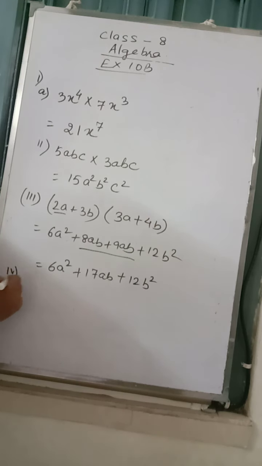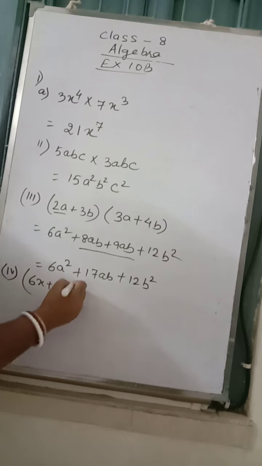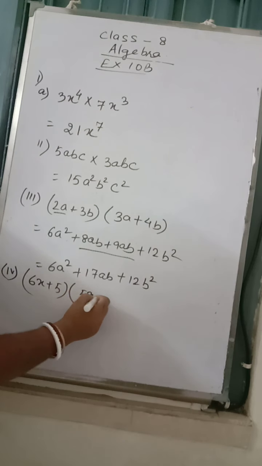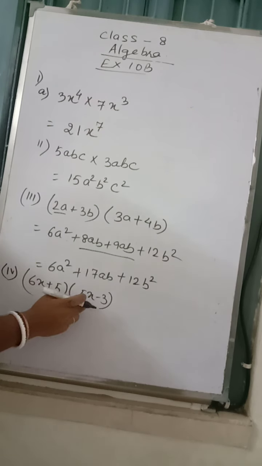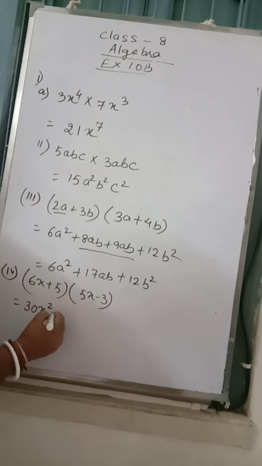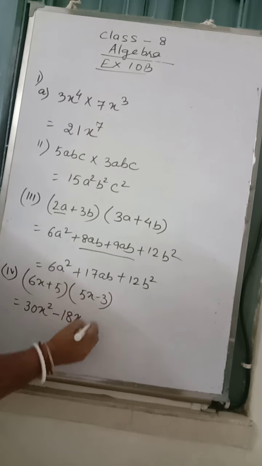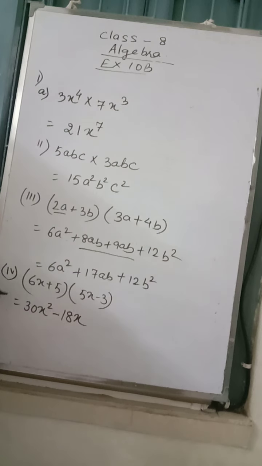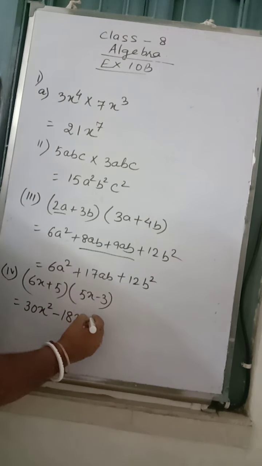It is given 6x plus 5 multiplied with 5x minus 3. Now 6x into 5x gives you 6 fives are 30, x into x is x square. Now plus 6 into minus 3 gives you minus 18x. Do not skip the sign. Now plus 5 multiplied with plus 5x gives you plus 25x.